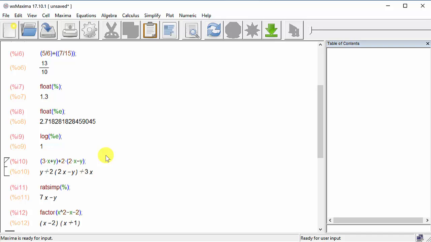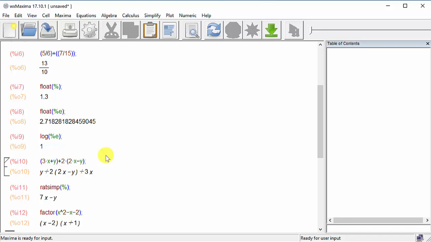All right, let's look at some more stuff that we can do here. What about adding rational expressions? Let's see about doing that.